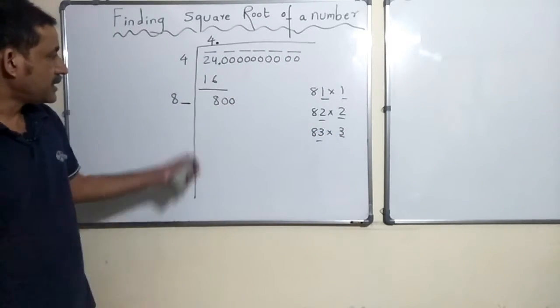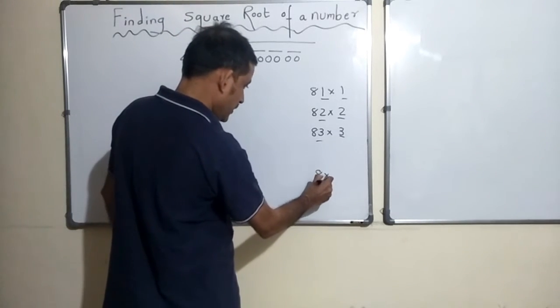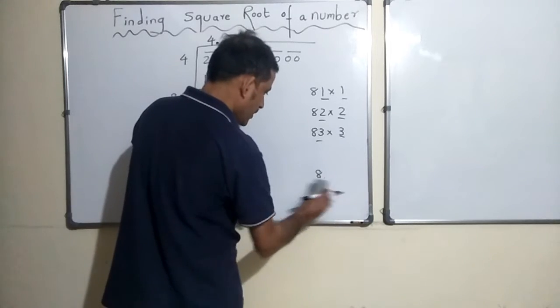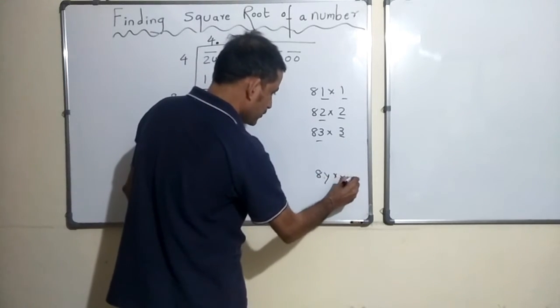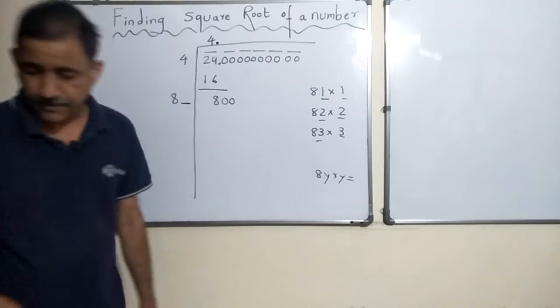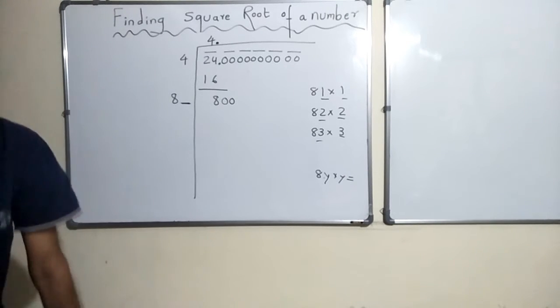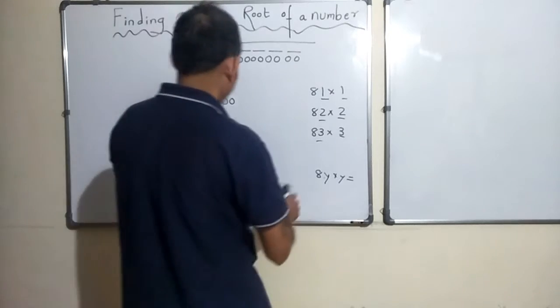So what would be the number I should put here and multiply with, so that I get 800 or slightly less than 800? Okay, so that number seems to be 8.